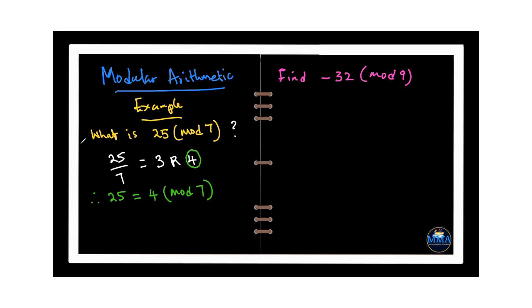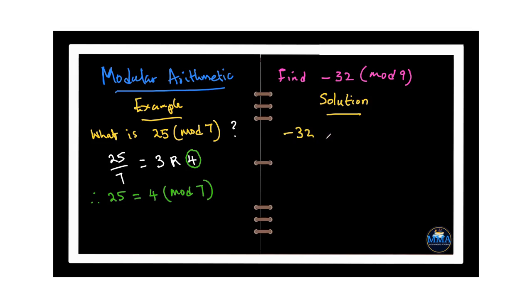What will minus 32 be in mode 9? Now, let's look at our solution here. Look at minus 32. 9 cannot divide it fully.